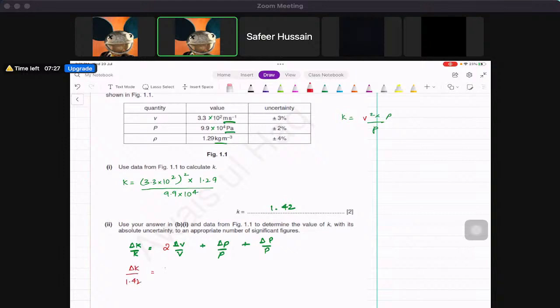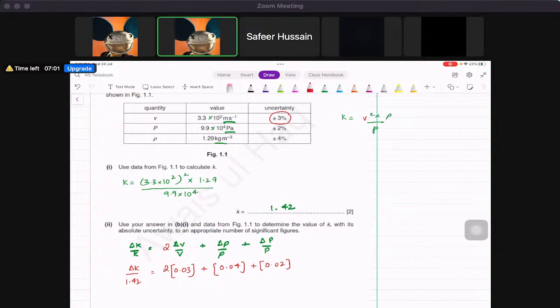Now because the percentage is already given, I just need to convert it into fraction. So for this it would be 0.03, then for rho it will be 0.04, and for this one it will be 0.02. As simple as that. If the percentages are given, it is your lucky day.